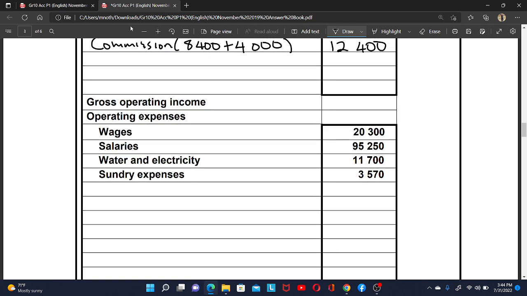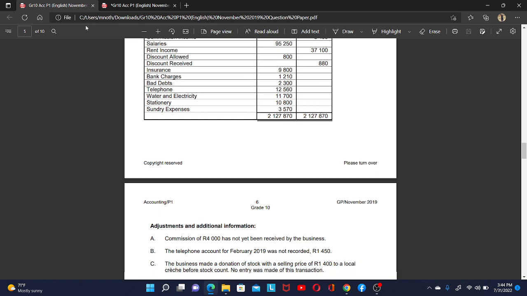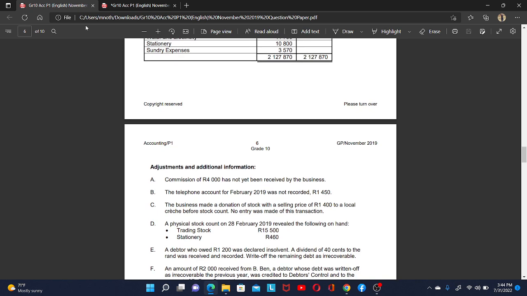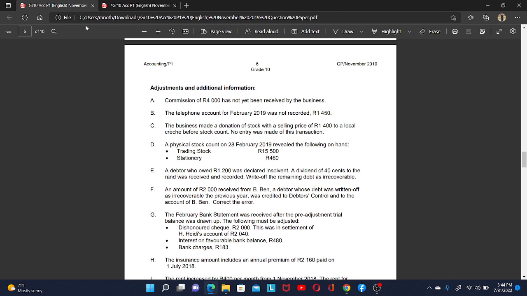And then the telephone of 4,150 was not recorded. So we have to record it. If it was not recorded, this is an accrued expense, so we have to add it.